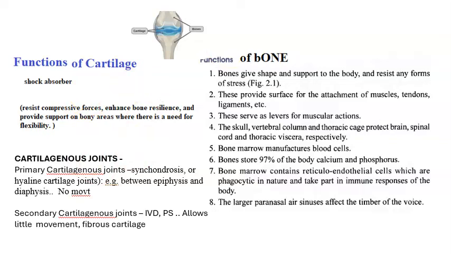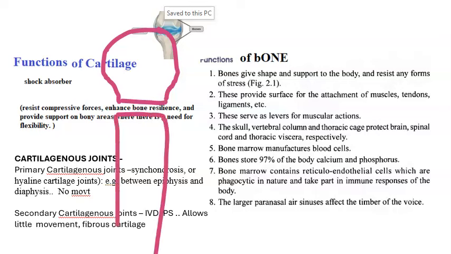Now coming to something else called cartilaginous joints. If you have studied, you have the primary cartilaginous joints and the secondary cartilaginous joints. For that, the example is the epiphysis and the diaphysis. So let me draw a diagram for you so that you can understand. Here if you have a long bone, this is the epiphysis and then here you have the diaphysis.